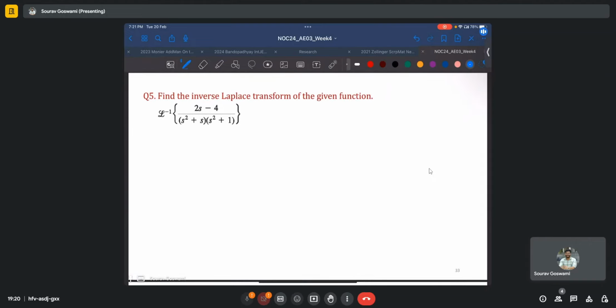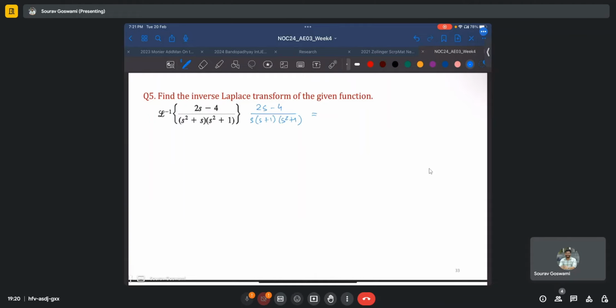So let us find the Laplace inverse of this given function. The first step, of course, would be to decompose it into partial fractions. So s square plus s would mean s times s plus 1, and then s square plus 1.